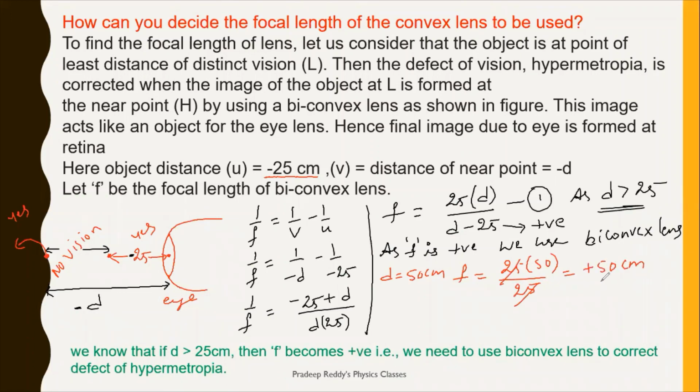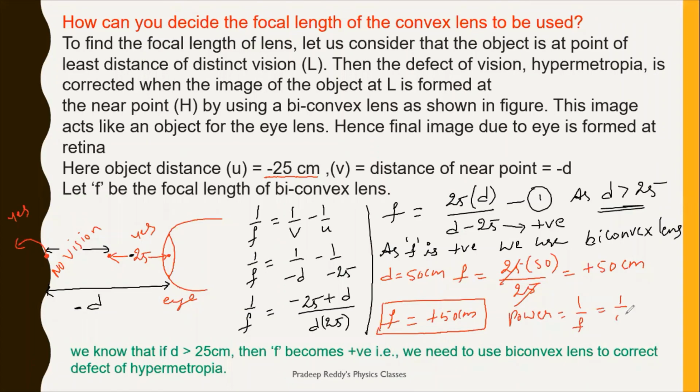So in order to correct this hypermetropia, we need to use a lens of focal length F is equal to plus 50 centimeter. Right? So positive value, plus 50 centimeter. Okay, this is the focal length which you need to correct the vision. Now, in order to calculate power, what you will do? Simply, you will be taking the reciprocal of this.